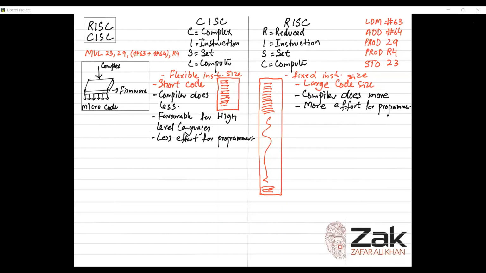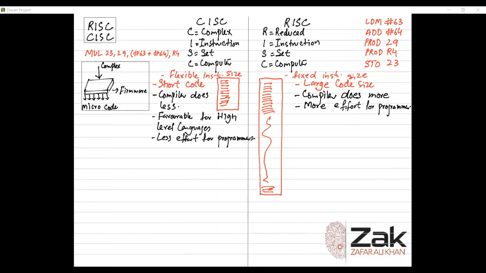So what actually happens is that high level languages nowadays are not based on this. We have already studied that whatever we do in high level languages is in short code, and if you convert it to the assembly language way, you would have to write more code. So high level languages by default support complex instruction set code.